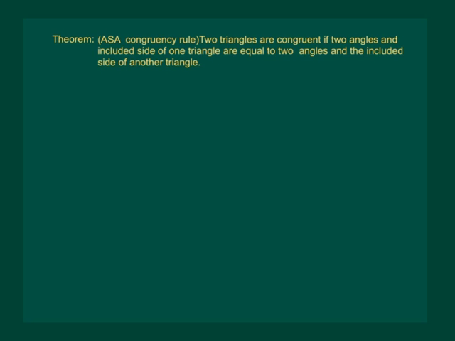Let us now consider the ASA congruency rule as a theorem and prove the result that two triangles are congruent if two angles and the included side of one triangle are equal to two angles and the included side of another triangle. This result is considered a theorem as it can be proved using the SAS property. We are given two triangles ABC and DEF.